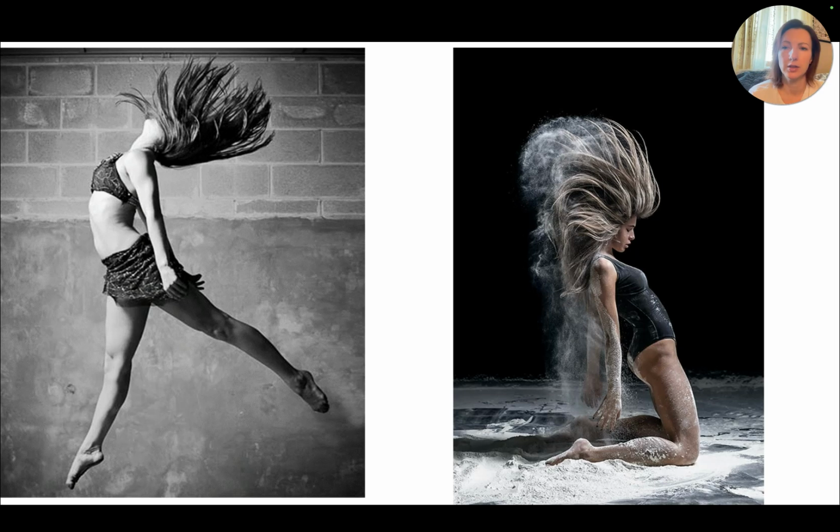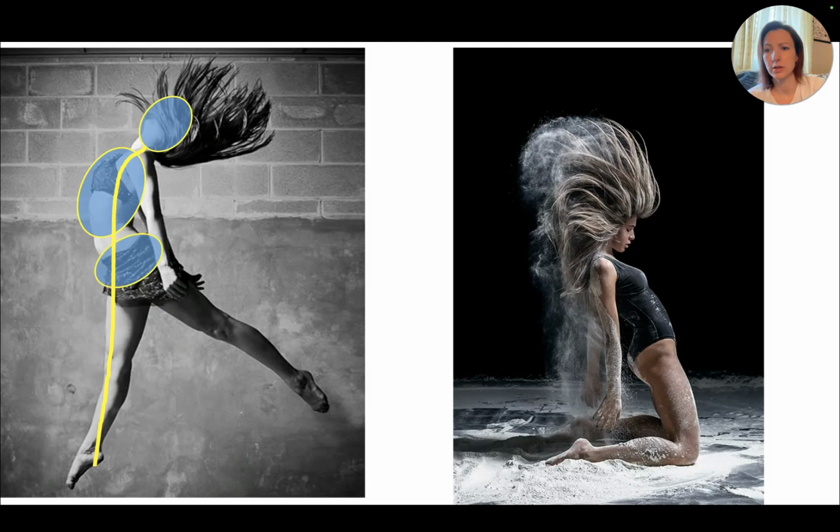We're looking at the lady on the left who's in a really nice dance pose. Her line of action has a little bit of a curve at the top and then goes straight. Her head is tilted this way. Her torso and her pelvis are different, so you can see the different angles. The top angle is here, the bottom angle is here.